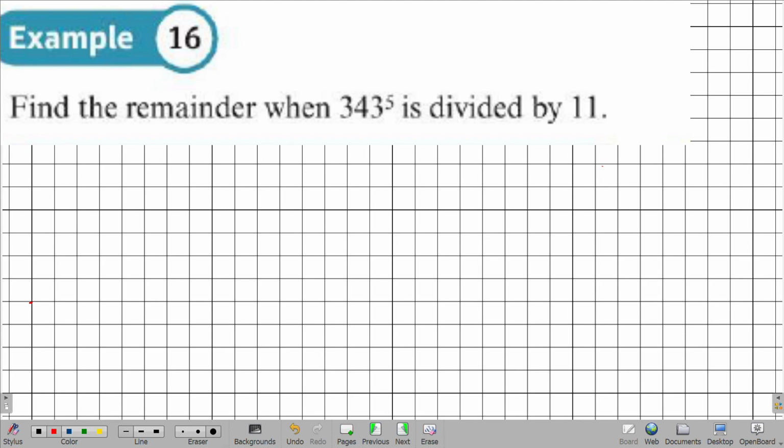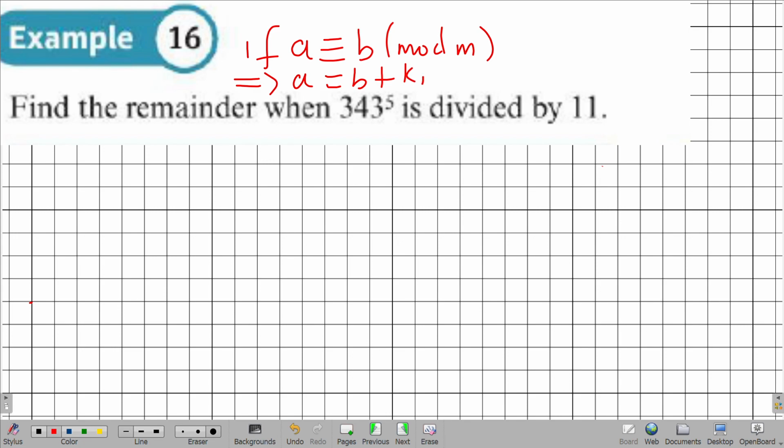This is number theory, and there is a theorem that says if A is congruent to B under mod M, then what we know is A is equal to B plus KM, where K is an element of the integers. This is the division algorithm that was done by Euclid.